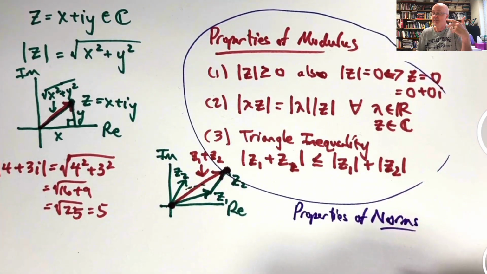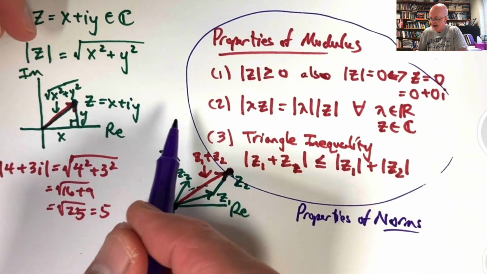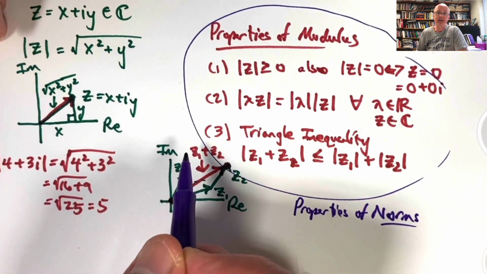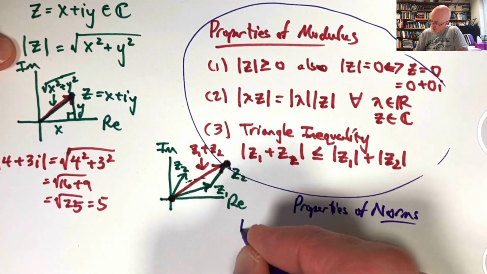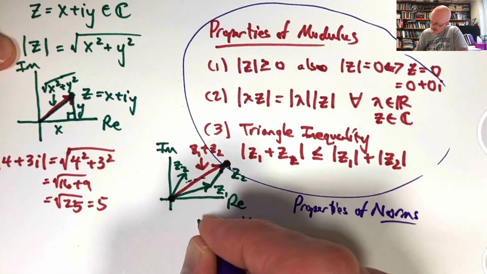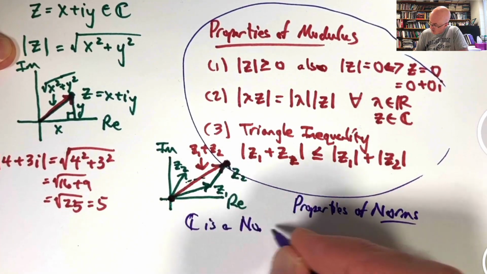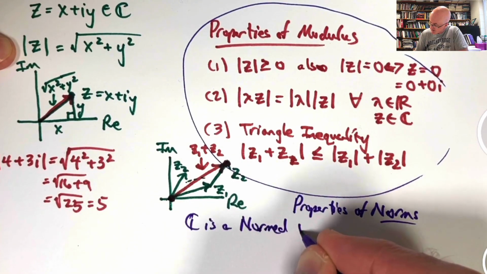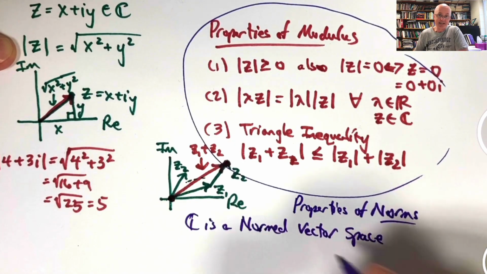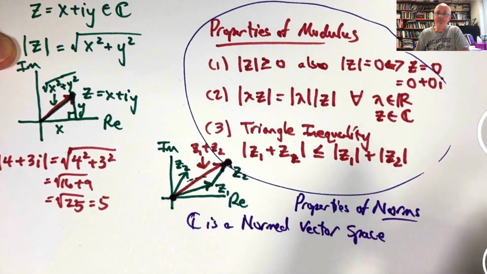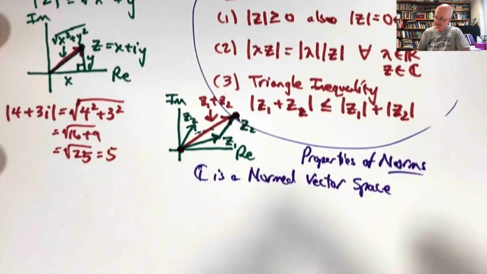When you have vector spaces that have a length or distance defined by these kinds of properties, you call it a norm, and those are called normed vector spaces. So C is a normed vector space, or sometimes it's called a normed linear space. That's important in lots of applications as well. Anytime you have a norm, it leads to the notion of a distance.